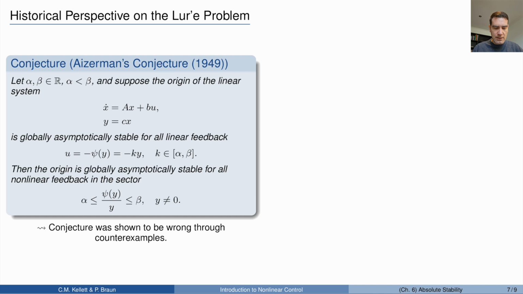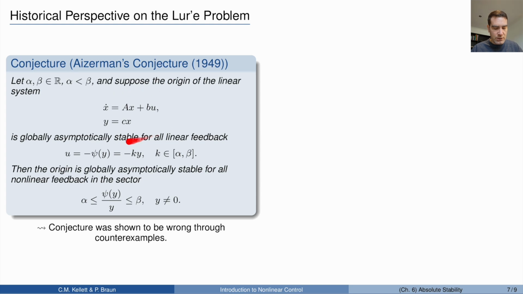And well, a couple of people worked on that and tried to come up with a characterization of absolute stability that is easily verifiable. The first notable conjecture was Aizerman's conjecture.